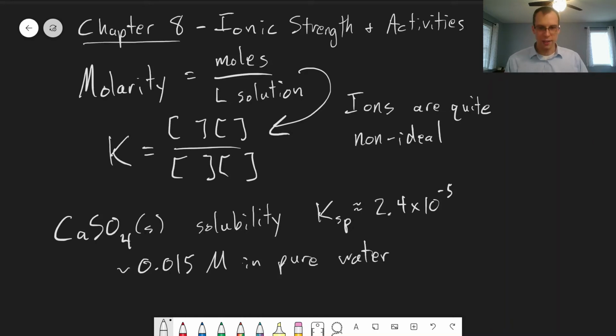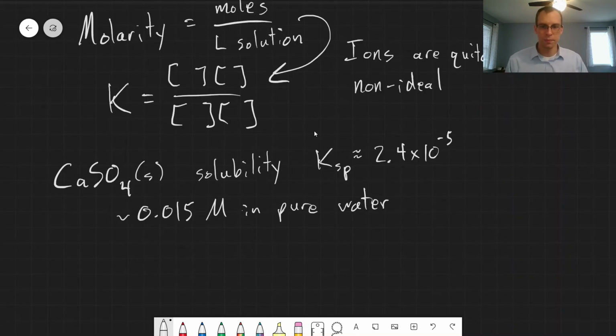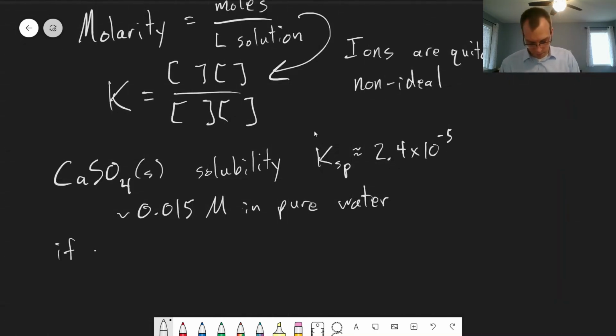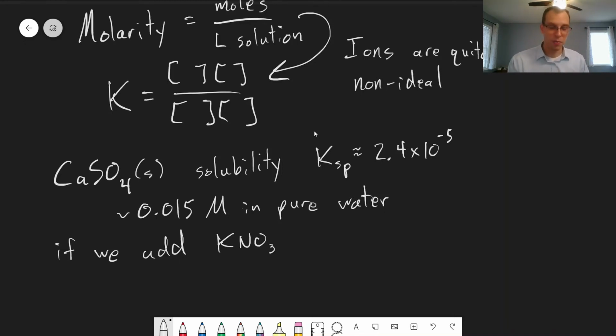But if we add a salt that doesn't actually react with either of these components, right? So we add potassium nitrate. So nitrate does not react with calcium. Potassium does not react with sulfate. All right, this does not form a precipitate or anything like that.